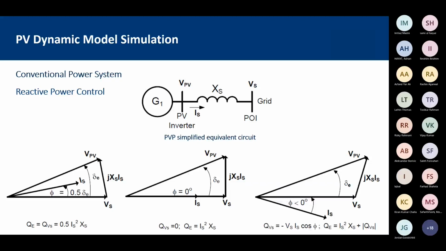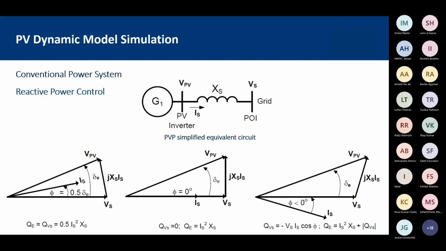Mostly they have an integrated control system within the inverter, but for doing the dynamic modeling, we need to model those components as well so that we can capture exactly what is going on.